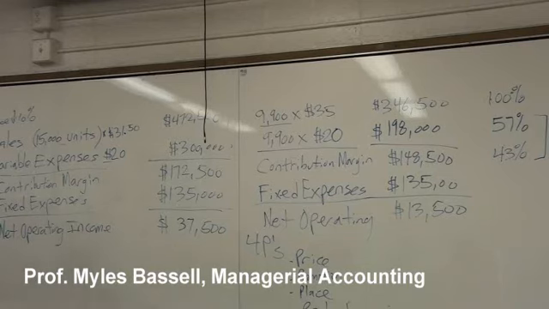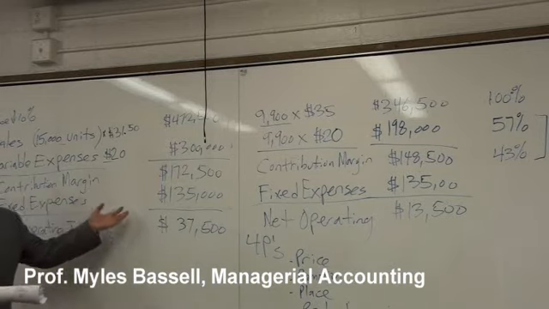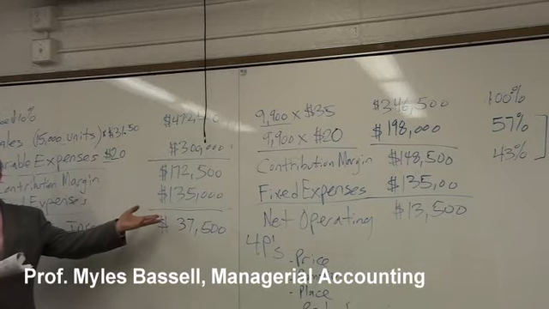Place is distribution. So place would be, in this case, we could say, well, instead of just selling our phones at Best Buy, now we're going to expand distribution and sell them at Walmart, at Kmart, at Target, at where else? Macy's. I was going to say Circuit City, but they went out of business. Probably because they couldn't do this contribution format, right?